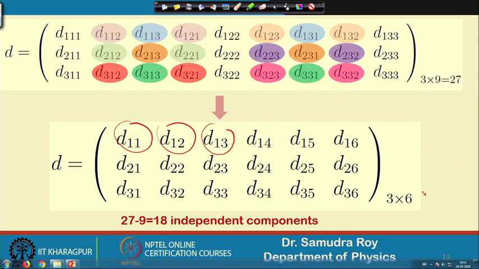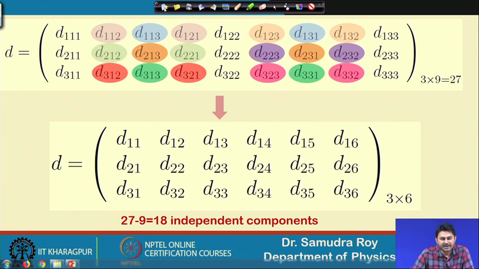So, the interesting thing is that previously we had 27 components, and now, after using this permutation symmetry and contracting the indices, it reduces to 18 different components. This is the compact form of the D matrix.